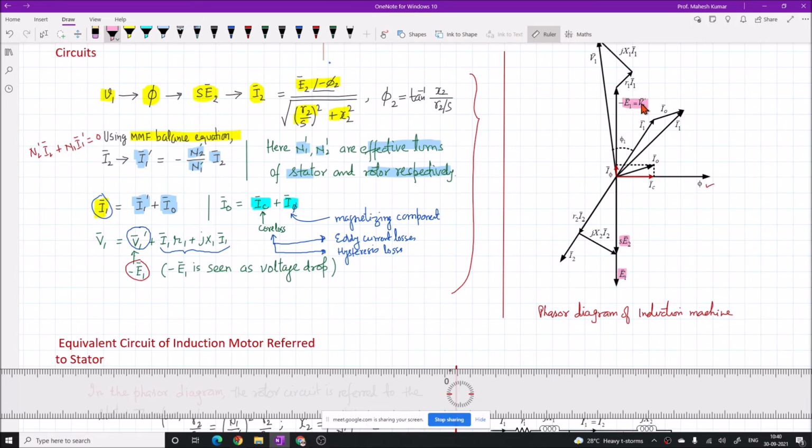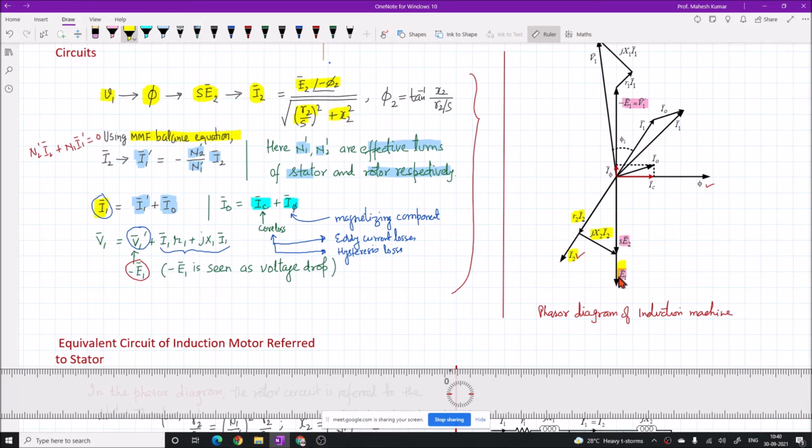This E2 gives rise to the current I2. This is I2 here, and because of I2 there will be a resistive drop in the rotor circuit, R2 into I2 plus jX2 into I2, and the sum of R2 I2 plus jX2 I2 becomes s into E2.